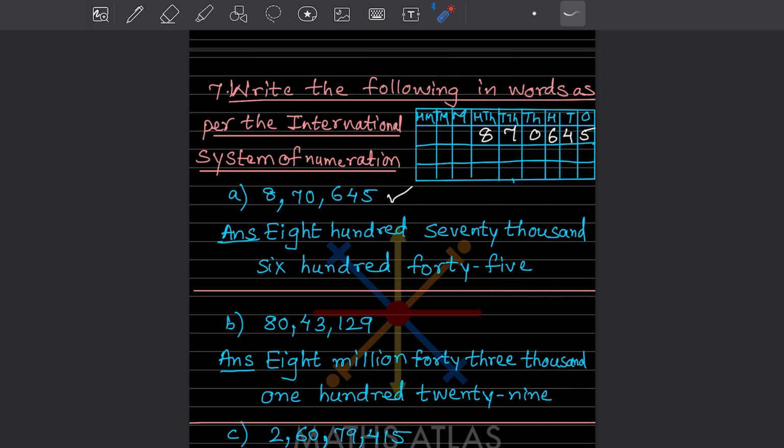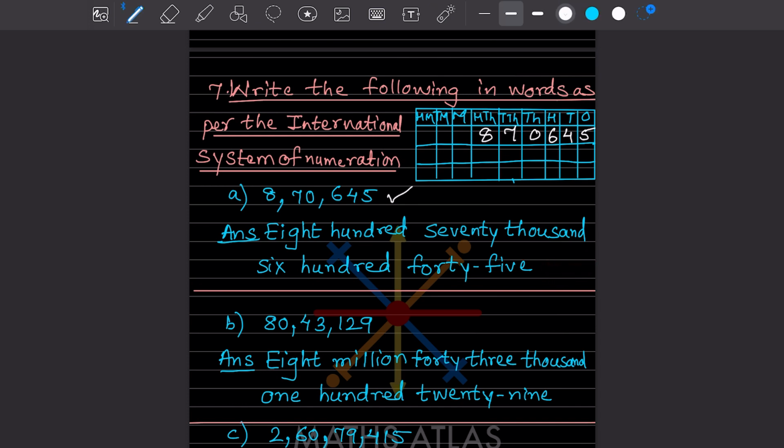Okay, so now see here, these three are in thousands place, isn't it? So what are you going to write? 870,000. Okay, and what will you write here? This will be 6. Now look at here, 645. So 870,000 and 645. Is that clear? Okay. So the next one.